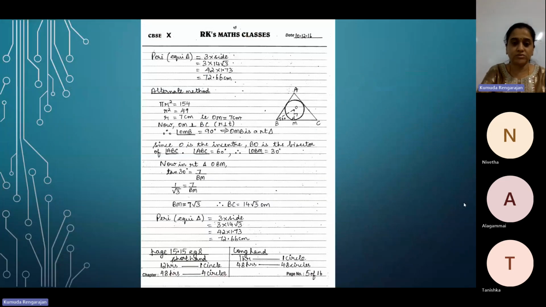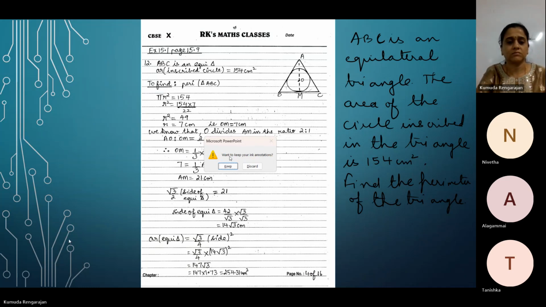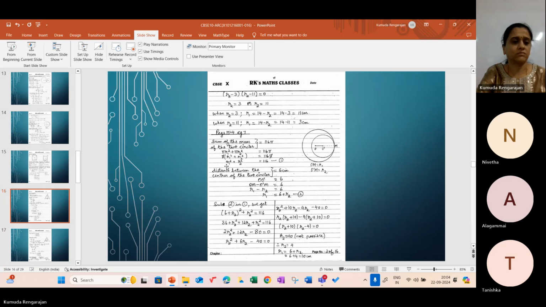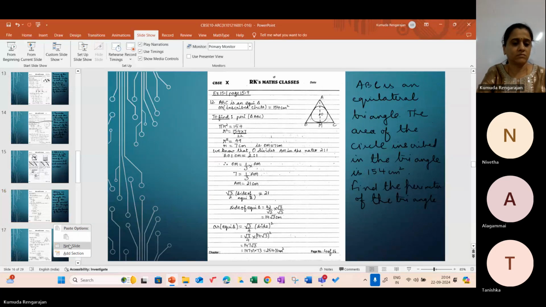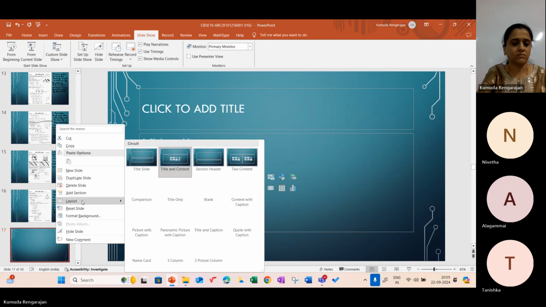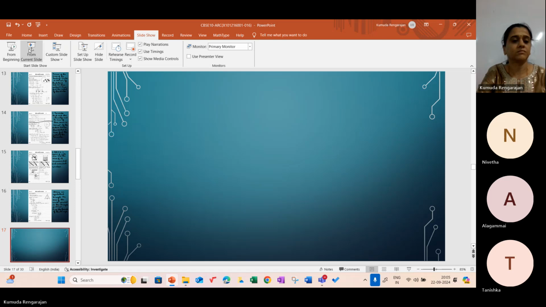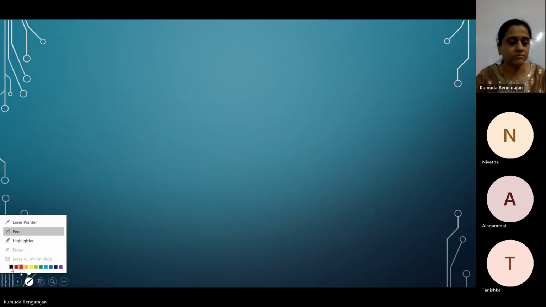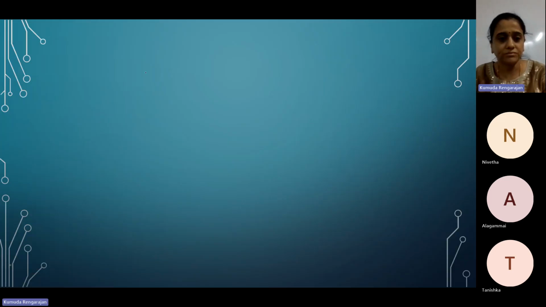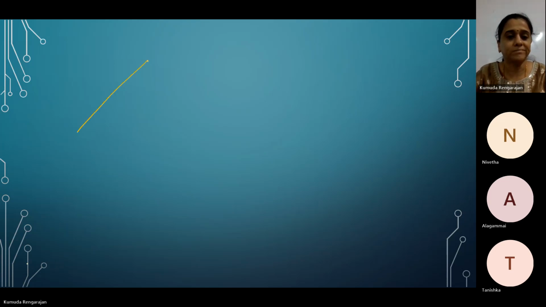Okay. Now let's understand the procedure. Equilateral triangle.